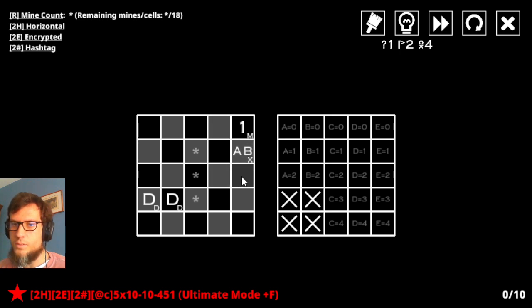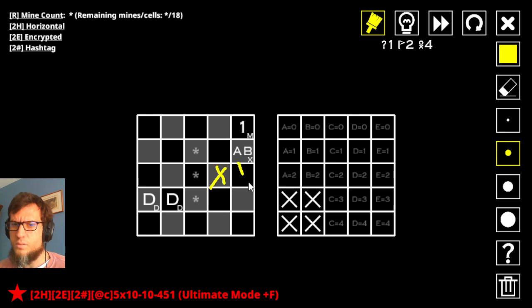Which means these either both are mines or both of them are not mines, I think. Is it possible for it to have one and the other? One a mine and the other not, right? Then, oh, it could be like a 2-0. If it's a 2-0, that'll do it. Okay. It's possible.